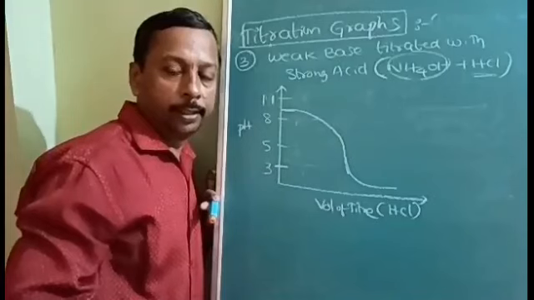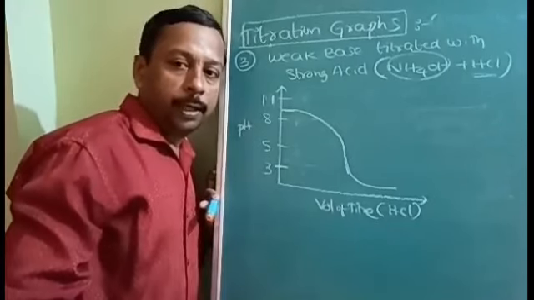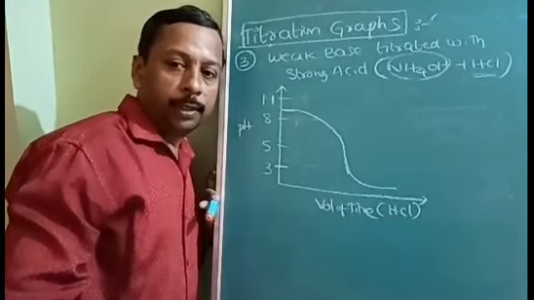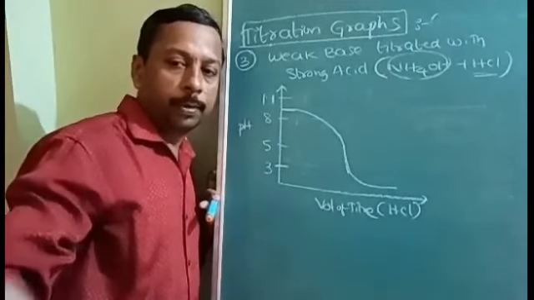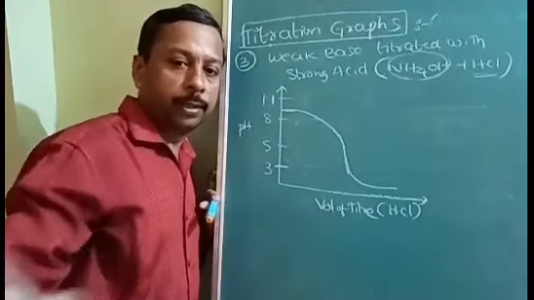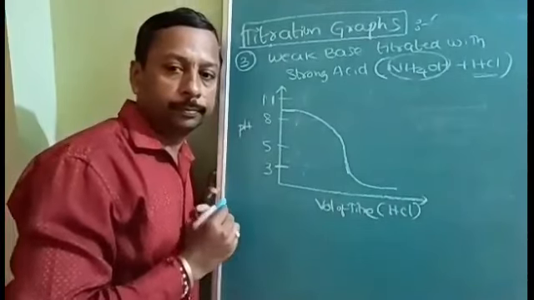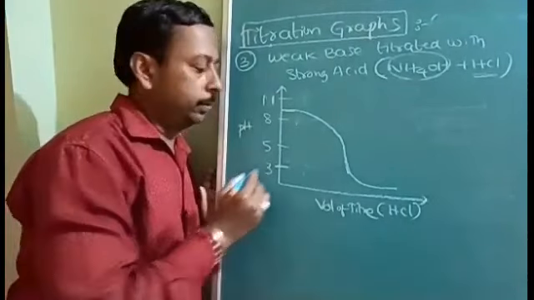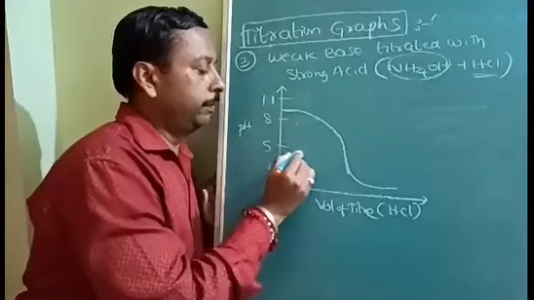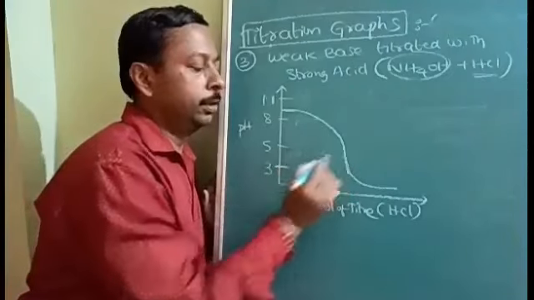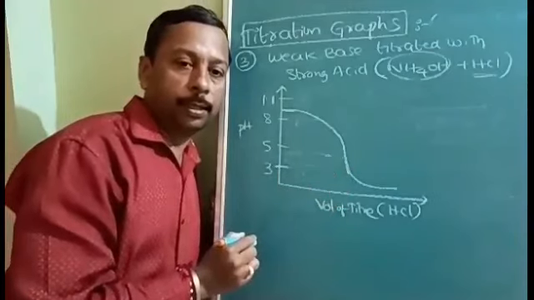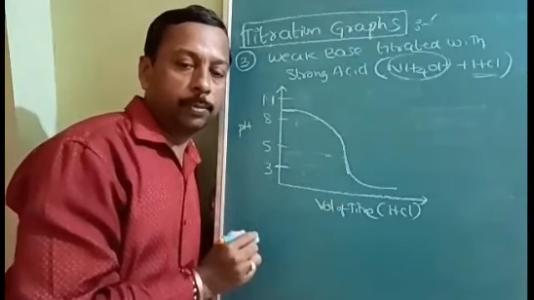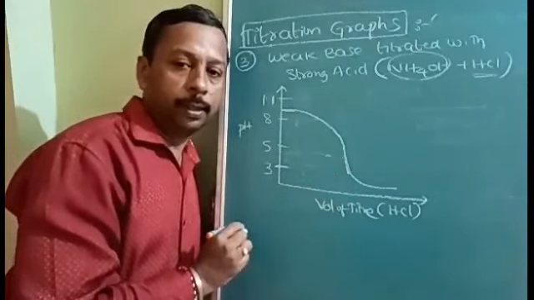Now who will tell, the equivalence point will be above 7, below 7, or at 7? Below 7. Okay, but it will be nearby 5 or 6, because it is a strong acid, so resultant is going to be acidic only. So equivalence point will be below 7. Is it understood?